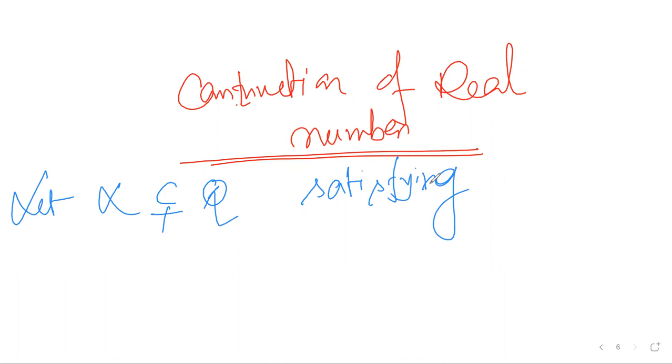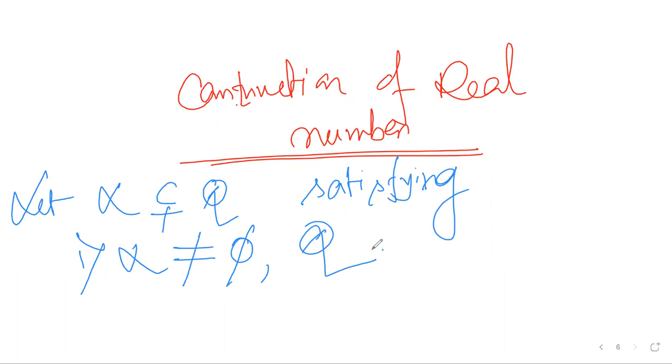Satisfying 1: alpha is not empty and not the whole set. Fine, this is my first condition. What is the second condition?